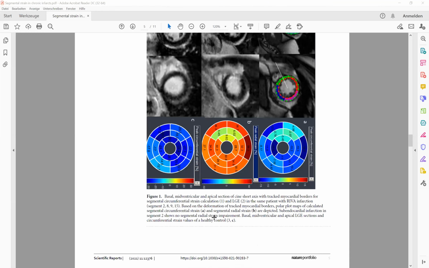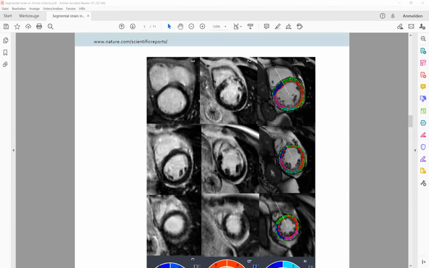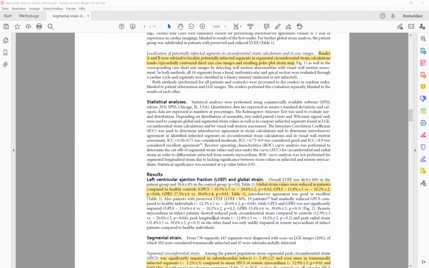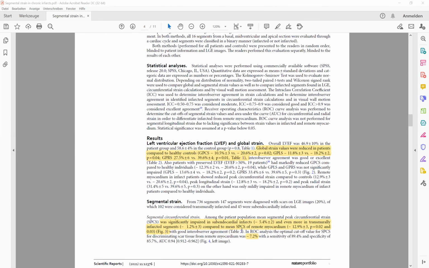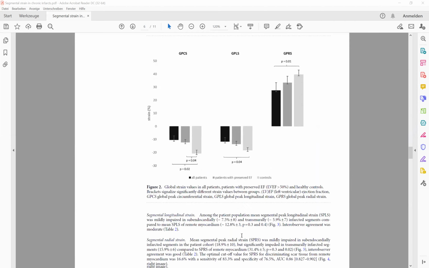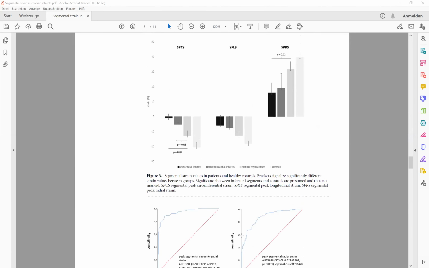We analyzed all patients and also 24 controls with segmental strain. And we discovered quickly that segmental circumferential strain is able to detect transmurally and subendocardially infarcted segments from remote myocardium.